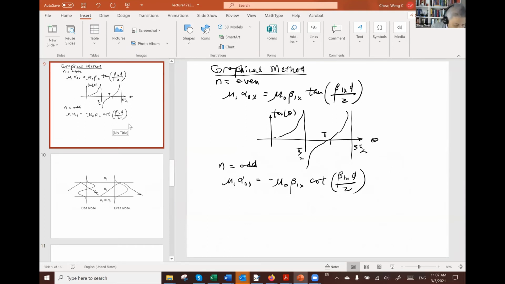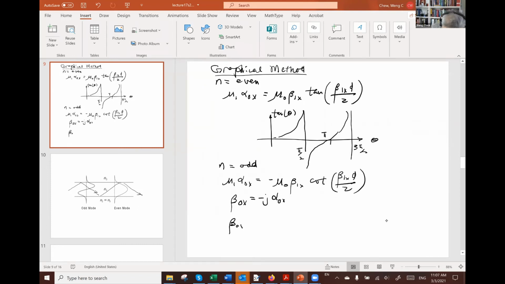Since the right hand side is a cotangent as a function of beta 1x, it is easier to solve this equation in terms of the beta 1x variable instead of some other variable, because you know that alpha 0x is actually something that comes from beta 0x becoming j alpha 0x.